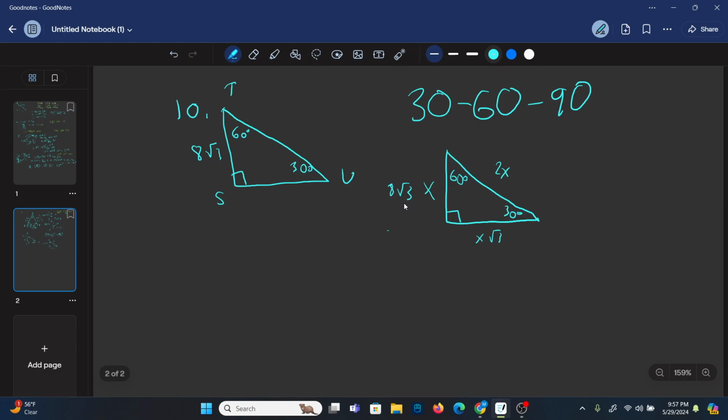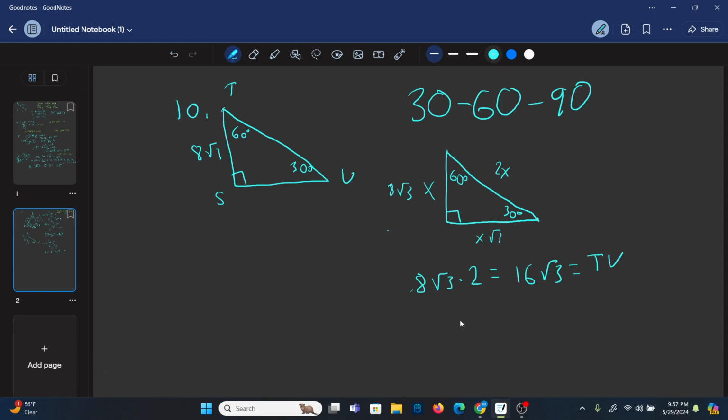And we want to know both of the sides. So let's start with this side right here. It would just be 8 root 3 times 2, which would be equal to 16 root 3. And that would be equal to TU.